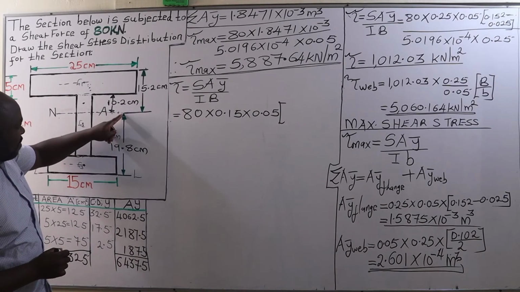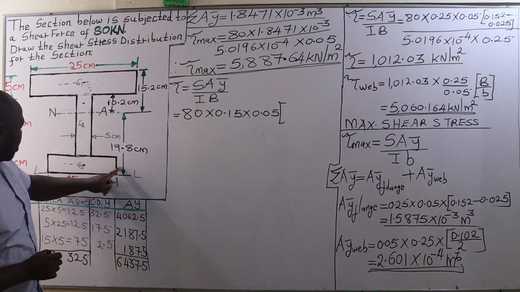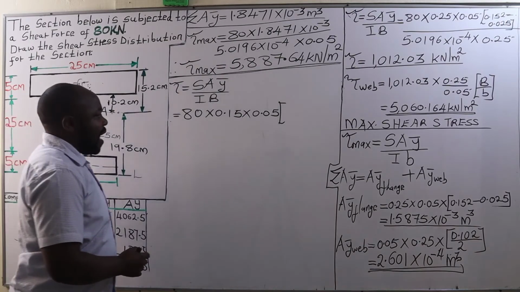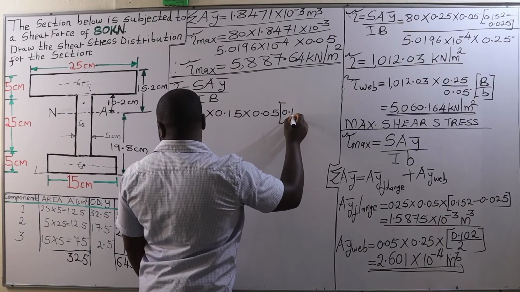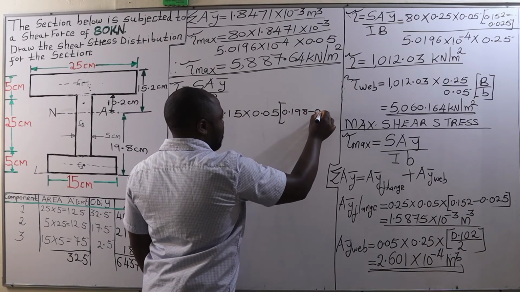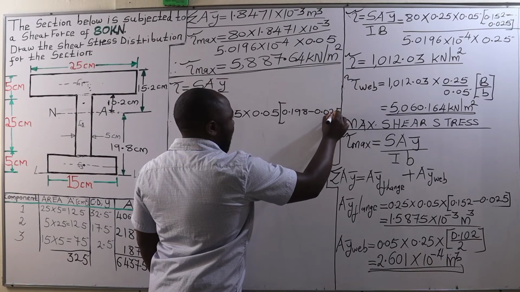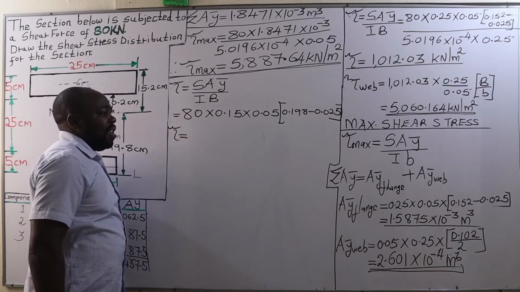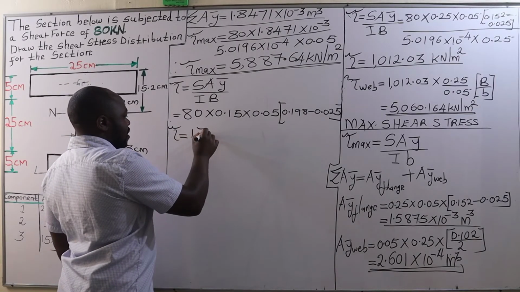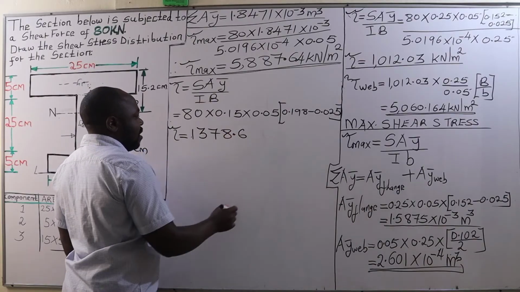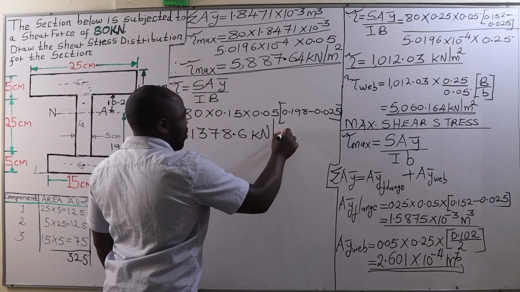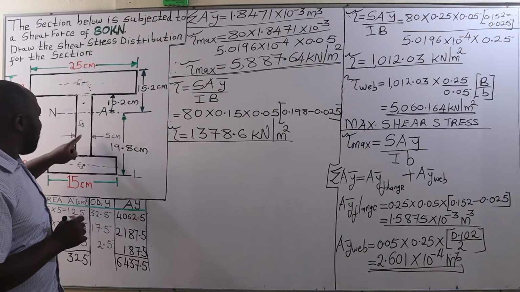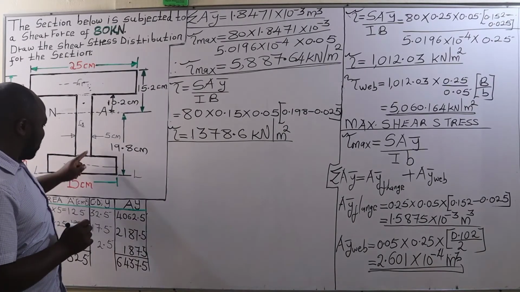That's going to be 19.8 minus 0.25, that minus 2.5, that is half the depth, and therefore that's going to be 0.198 minus 0.025, and therefore the shear stress is going to be 1378.6 kilonewtons per square meter.